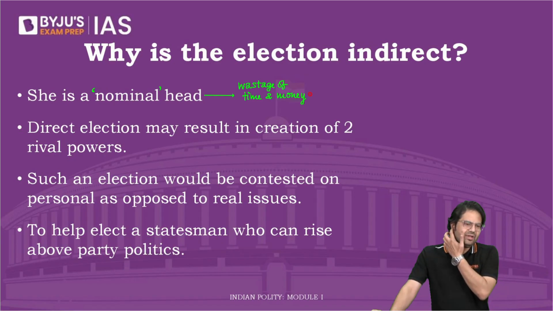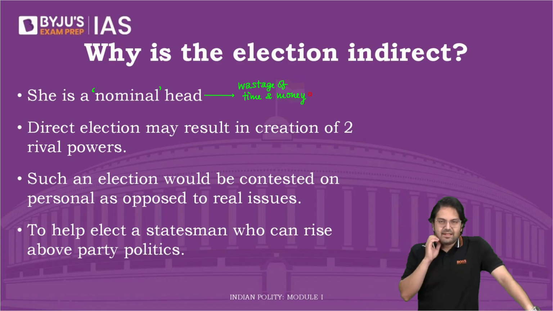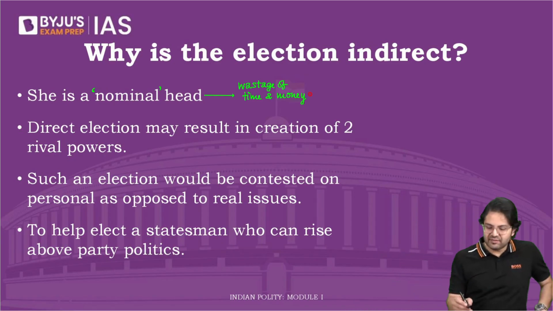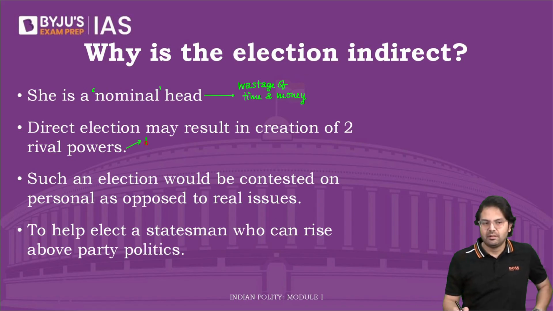Other reason being that, see, direct elections may result in the creation of two rival powers. So what is this two rival powers thing? Now, in a democracy, who has the real power? A person who is chosen by the people has the real power in a democracy, right? Now, we already have the boss in the country, the prime minister, the head of the government.